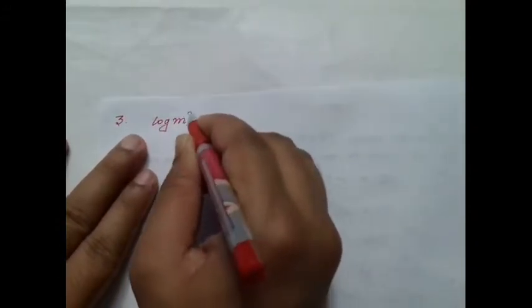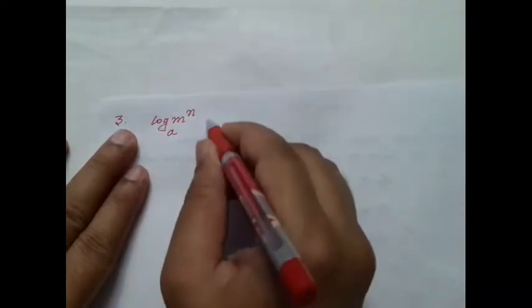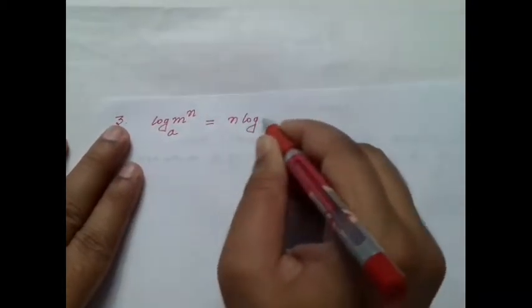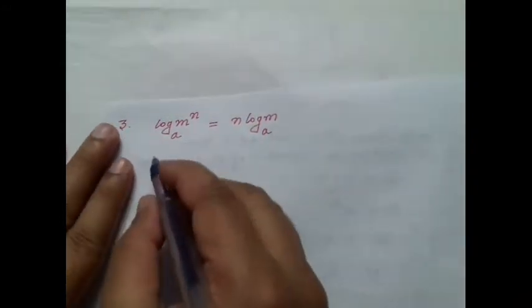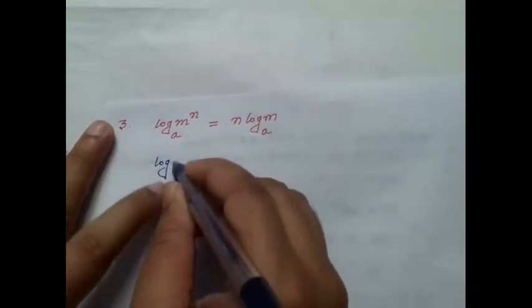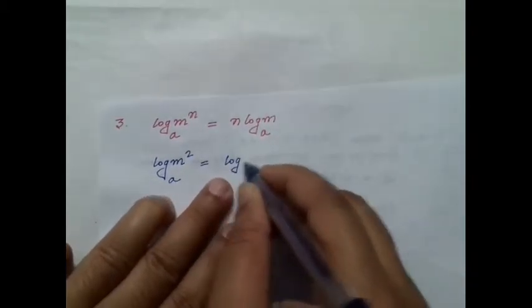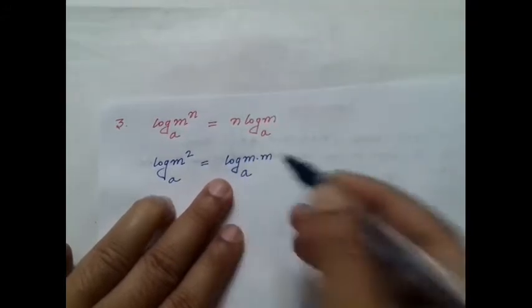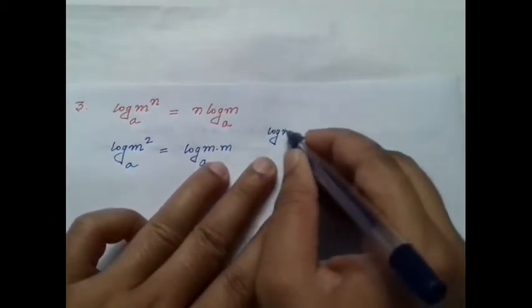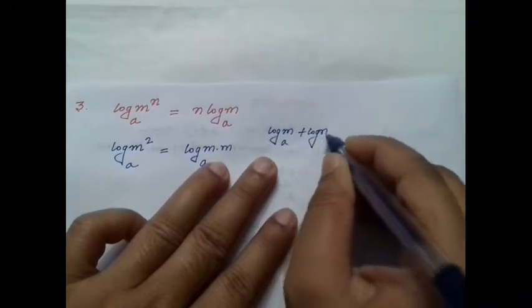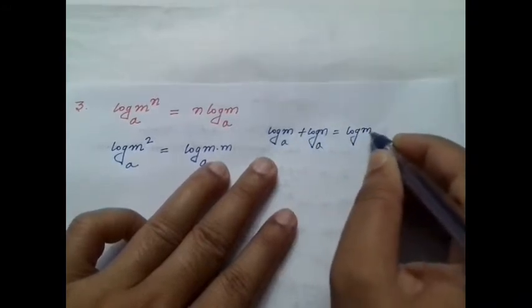Number 3, log of m to the power n to the base a equals n log m to the base a. To prove this one, I want to take at first one example, log m square to the base a. Log m square means log m into m to the base a, and as we have seen that log m to the base a plus log n to the base a equals log mn to the base a.